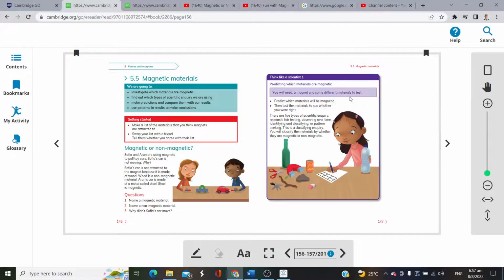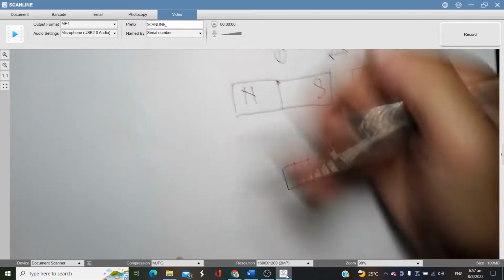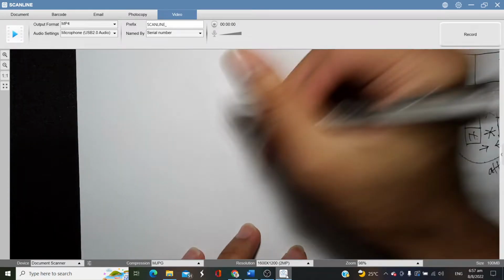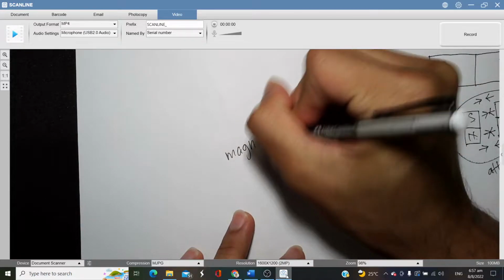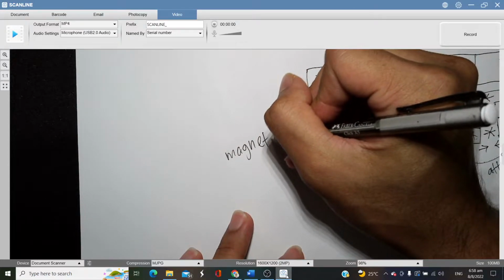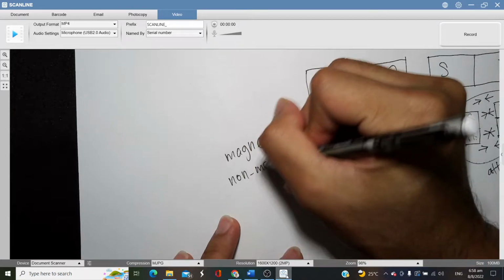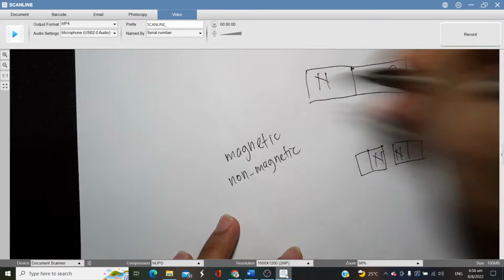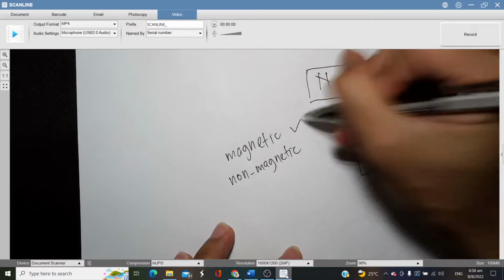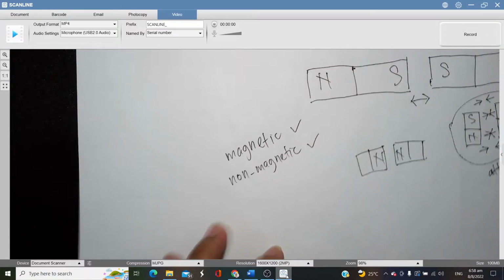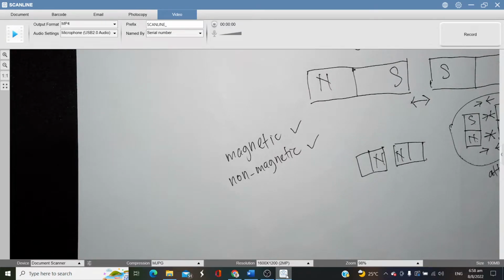Like all the things around us, we can say there is a material, so we can test them to see whether it is either this or this. I'll show you.